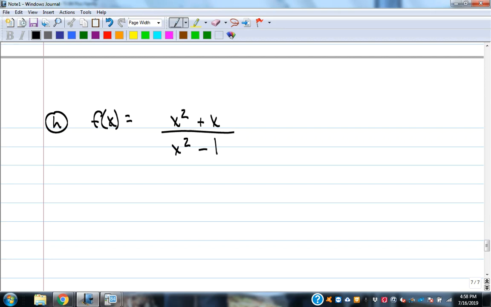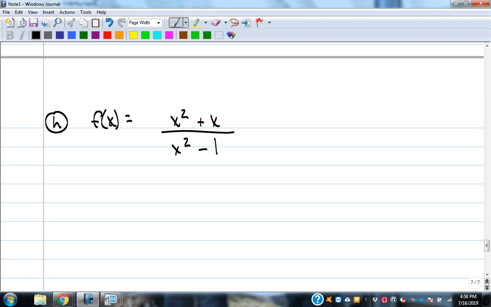So here we have a fairly simple looking rational function, and we're going to do the same things. We're going to find the domain, asymptotes, vertical, horizontal, or obliques, and then get the intercepts, the x and the y intercepts out of that.